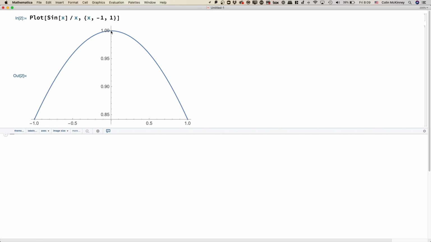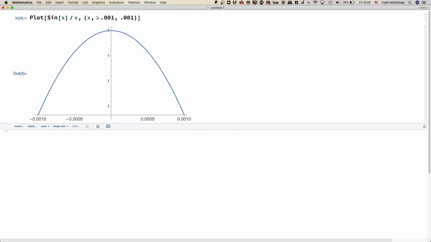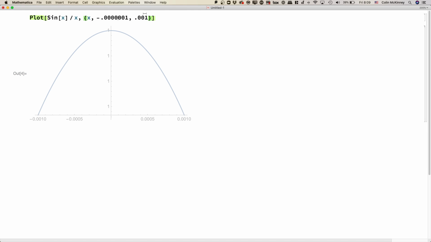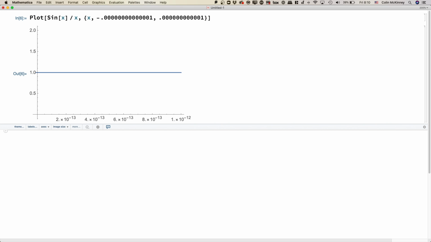Now, if we zoom in on that point, by the way, if I do something like this, then everything's good until we start to get down to sort of limits of machine arithmetic precision, right? And then if we zoom any further, it gets all crazy because it's basically just truncation errors left and right.